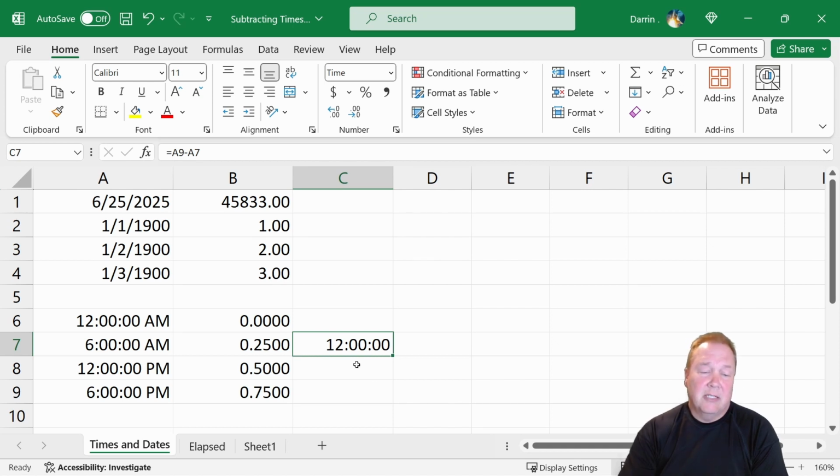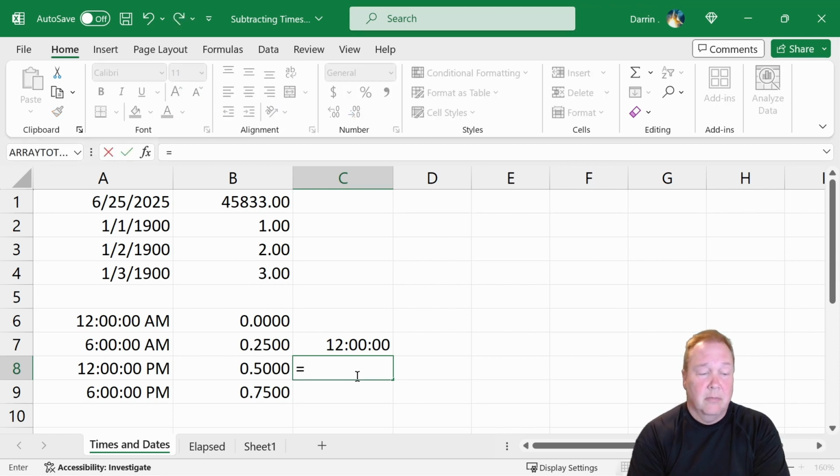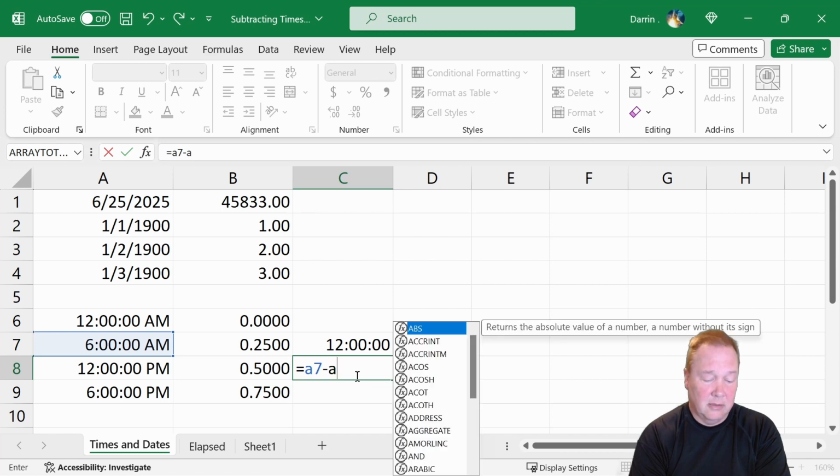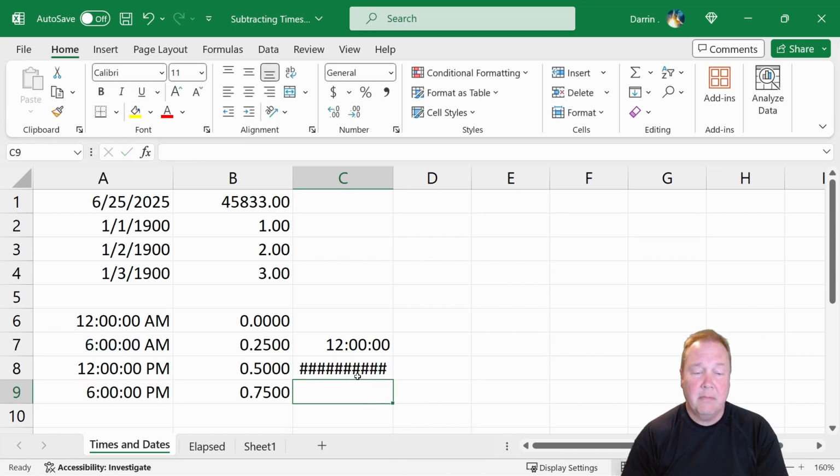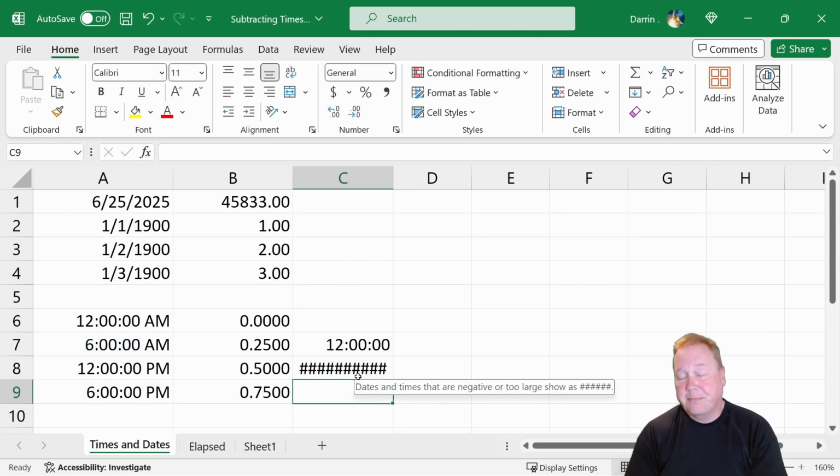But what happens if instead we subtract, so the person came in at 6 p.m. and left at 6 a.m. So they left at A7, which is when they left, minus A9, which is when they came in, and you get an error.